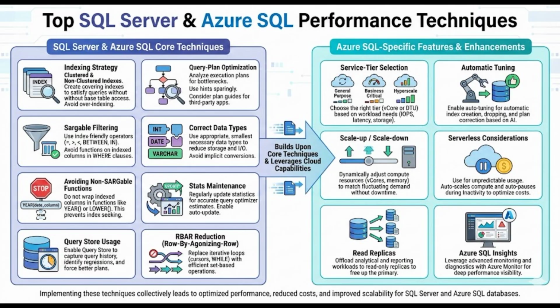Cost management and scaling stories. Cloud literacy isn't just knowing which tier exists, it's telling stories about scaling decisions. Suppose you inherited a database on business-critical 16 vCores because the previous team feared slow storage.